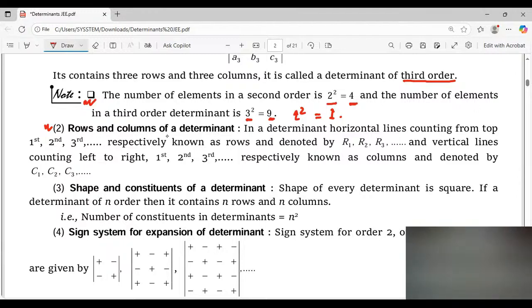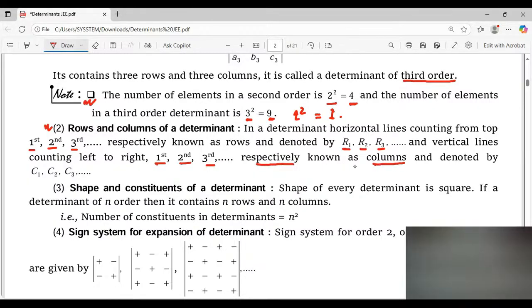Rows and columns of a determinant. In a determinant, horizontal lines counting from top, first, second, third respectively, are known as the rows and denoted by R1, R2, R3, and vertical lines counting left to right, first, second, third respectively, are known as the columns.